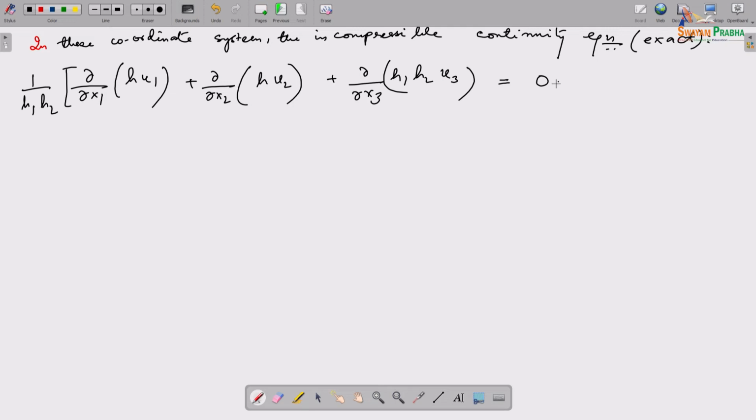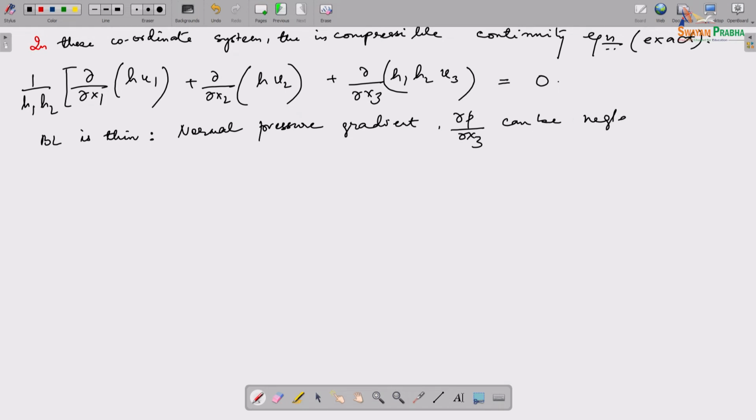Now, the boundary layer is thin. Because the boundary layer is thin, the normal pressure gradient can be neglected.